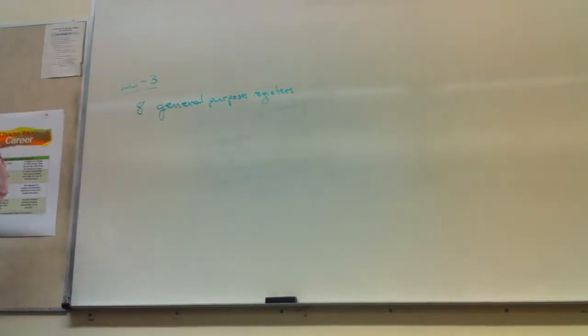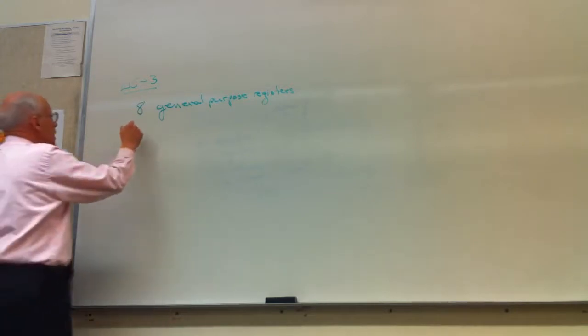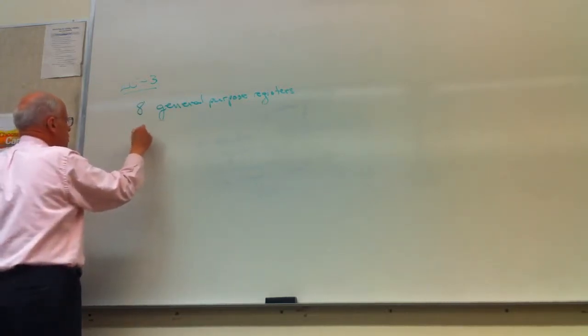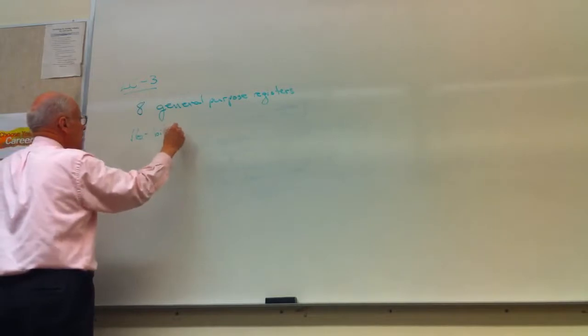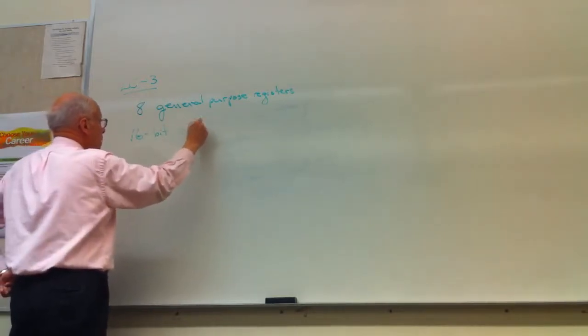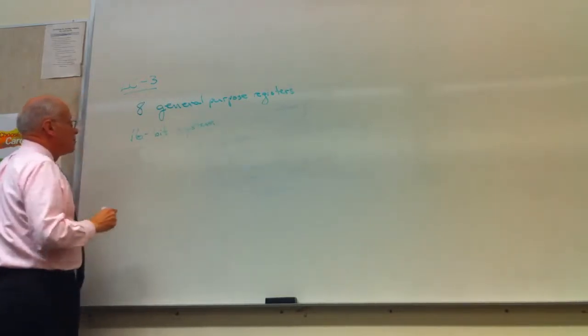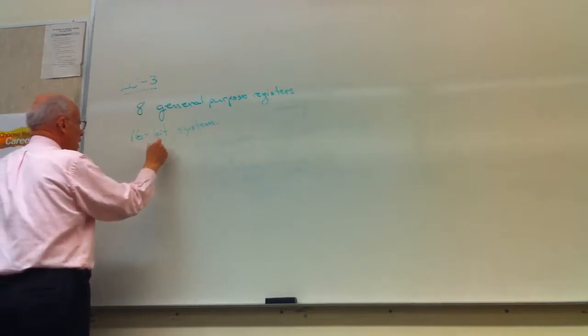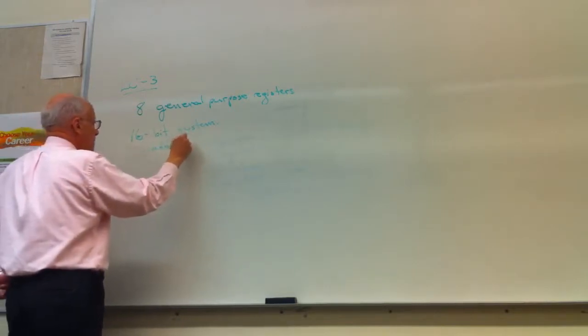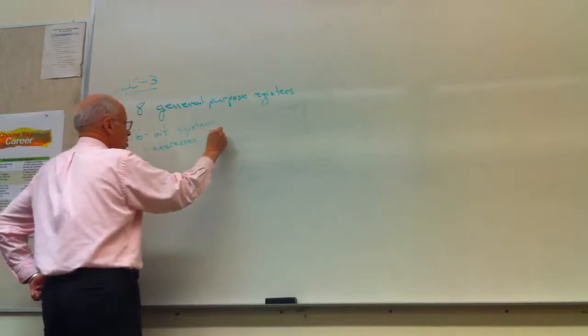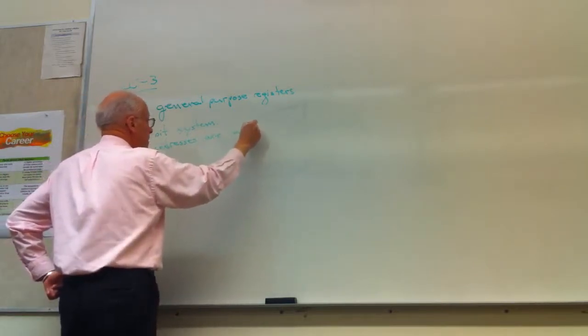Let me explain what we mean by general purpose. The LC3 is a 16-bit system. That means that addresses are 16 bits.